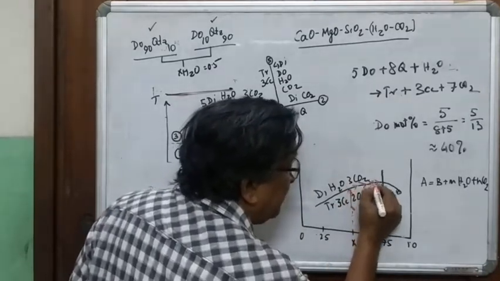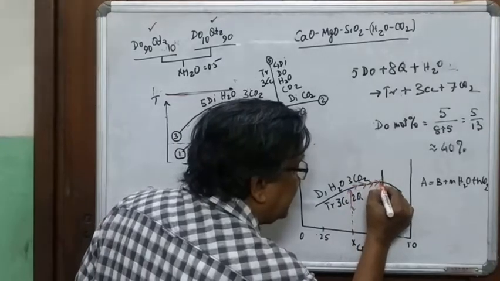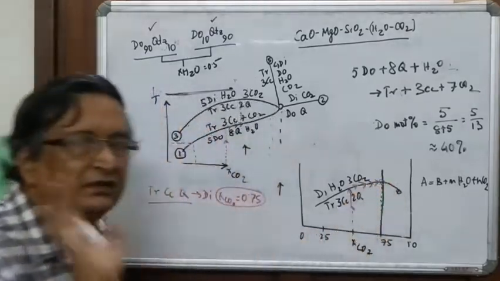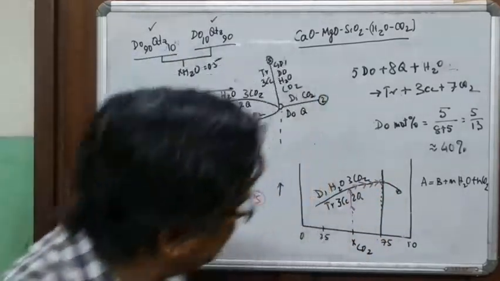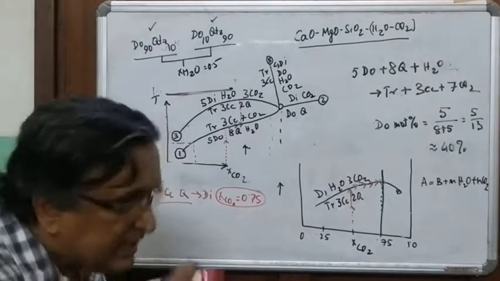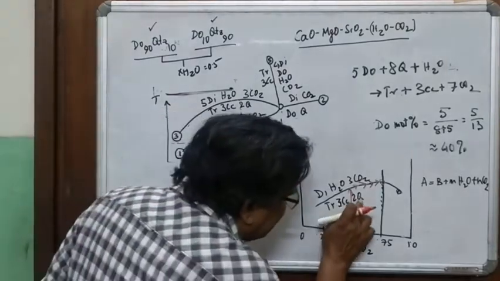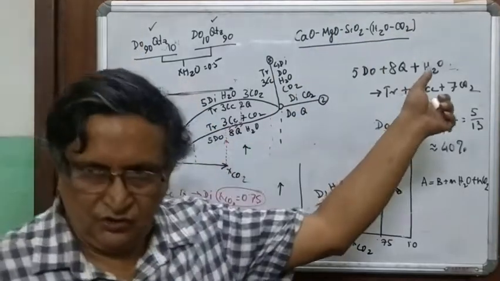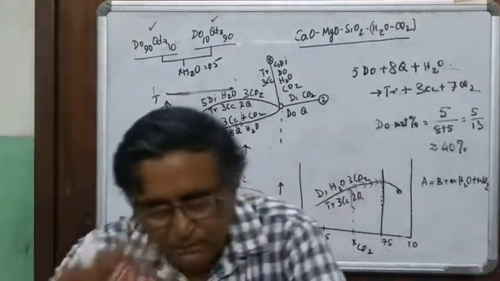The reaction will become carbonic up till here. The system cannot follow this path. So this reaction will proceed till one of the phases, tremolite, calcite or quartz, is lost. So long it will produce it.